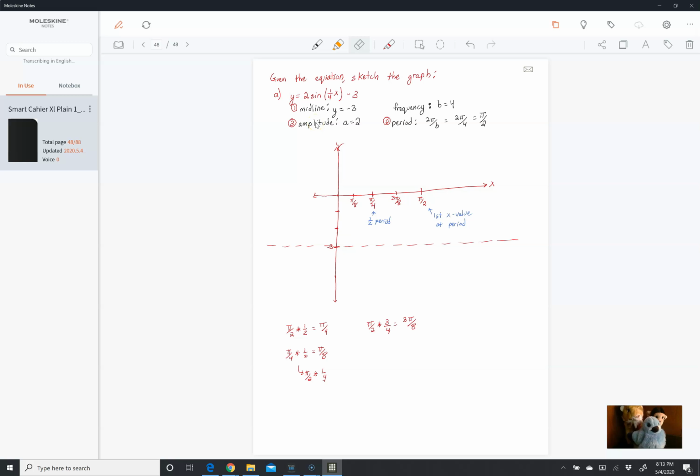Now we put in the amplitude. So we know this is a sine graph. The first point is at the midline. Then we know we go up halfway through, we're at the maximum. So the maximum here is the midline plus our amplitude.